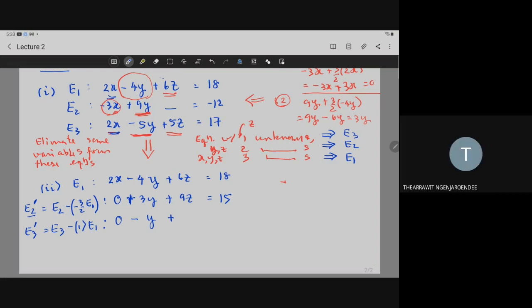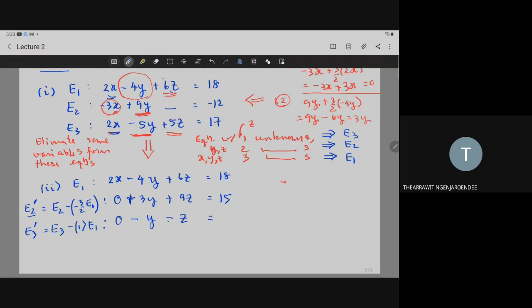Minus 4. So here we have 5z and then plus 6z, right? Oh, sorry, minus 6z. So we get minus z here, okay?